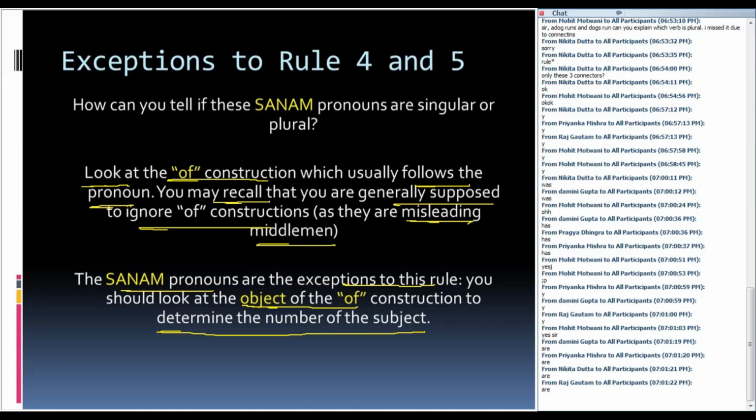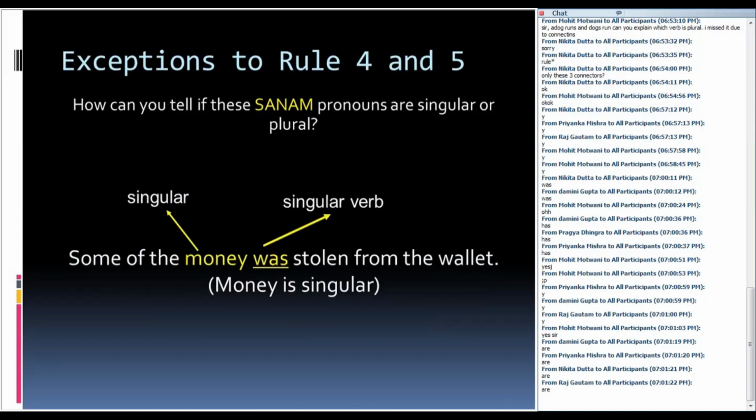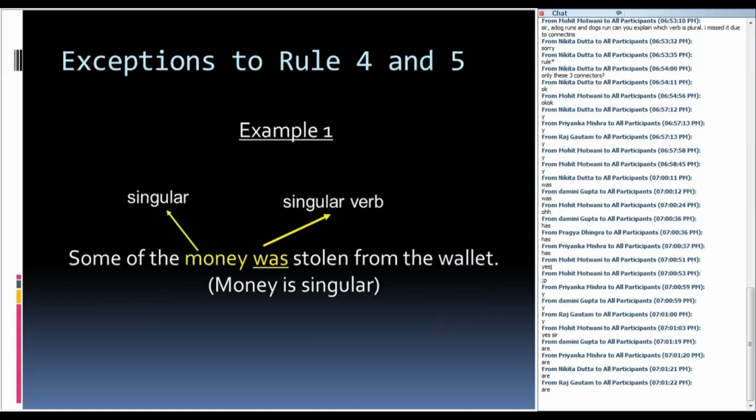For example, if you look at the SANAM pronoun some, it says: Some of the money was stolen. Now this is the of construction, but because it is a SANAM pronoun, I will have to look at it. In the of construction, we have money. Money is singular. That is why I have to use the singular verb was.